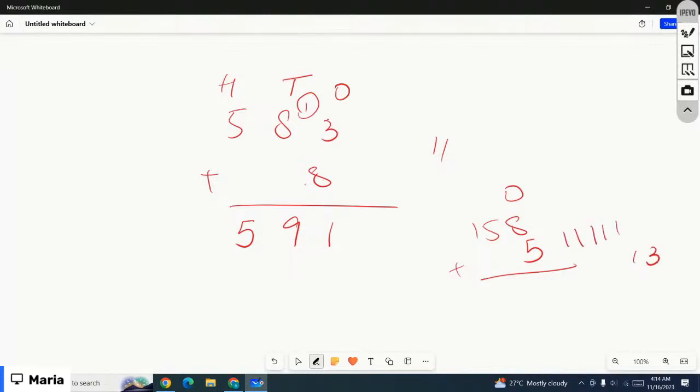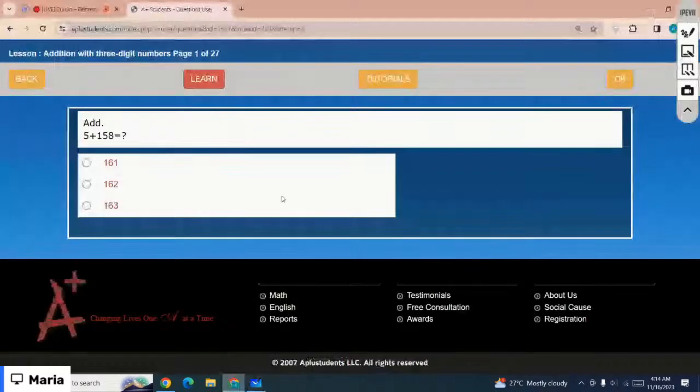You have 13, right? You always write the ones digit over here and tens digit you carry to the next digit, right? So carry is 1 and 5 plus 1 is 6. So it would be 163. Got it? If you have any question, you can ask. The correct option is 163.